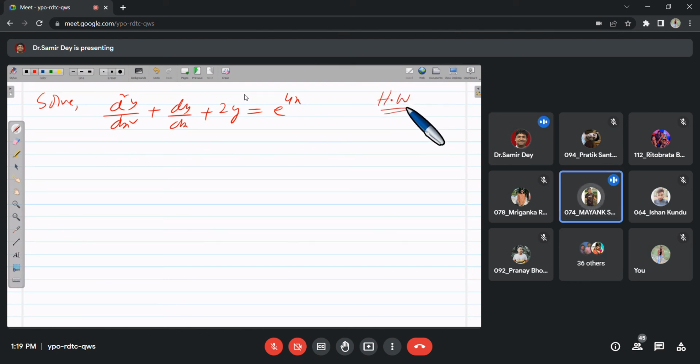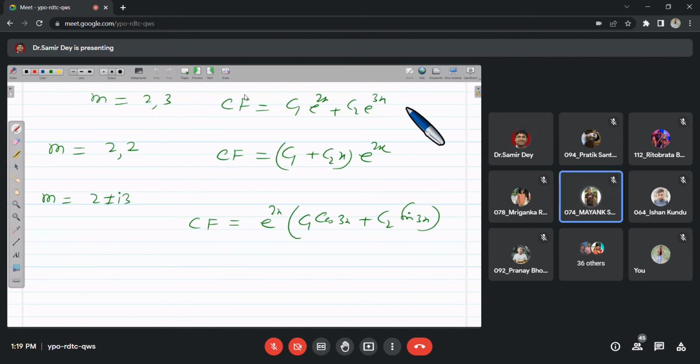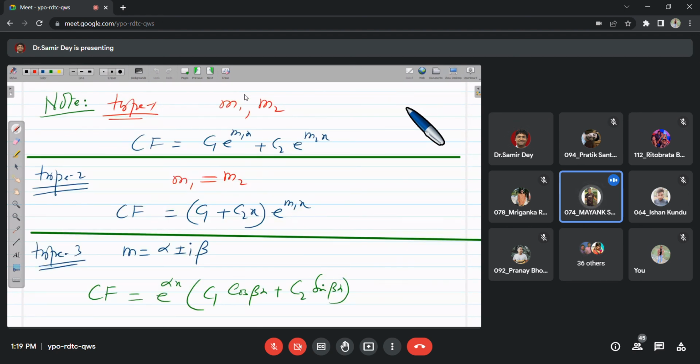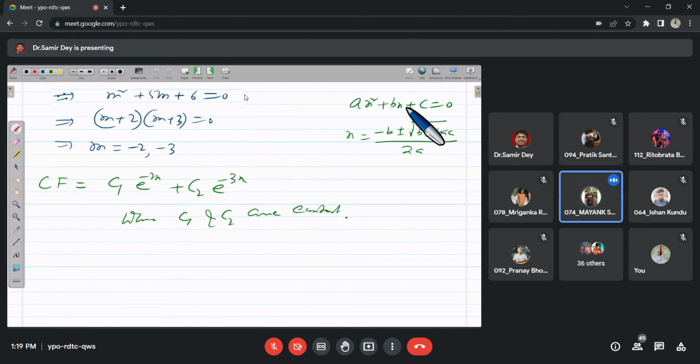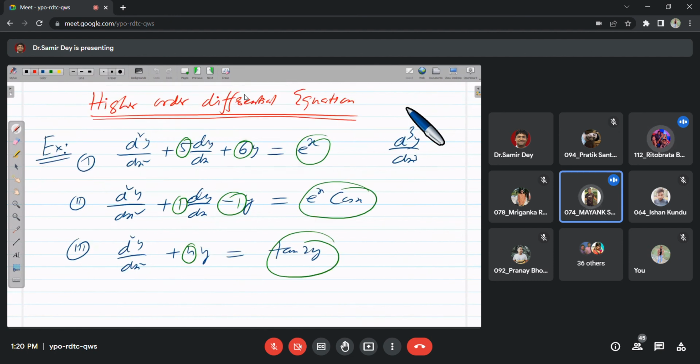Sir, please show the complementary function slide. Yes, this one. Before one page more, sir. The starting topic, the operator method page. Where you have given the x values.